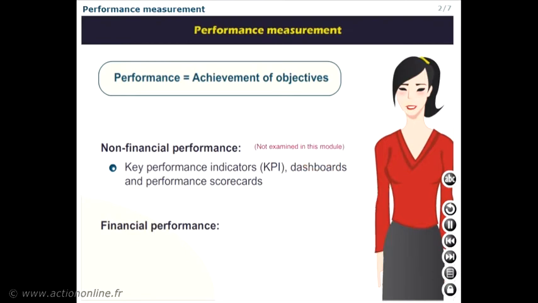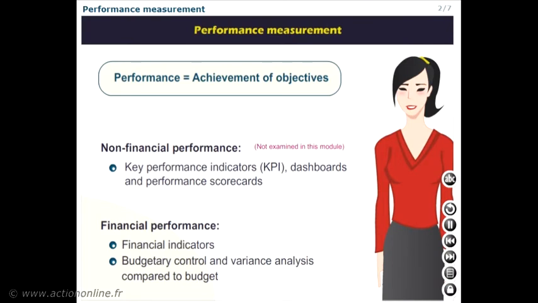We can measure financial performance by using summary financial indicators, such as ratios. For example, we can calculate a rate of return and compare it to the minimum rate that we wanted to achieve. Another method for measuring financial performance involves looking at the components of the budget and analysing the variances compared to this budget.